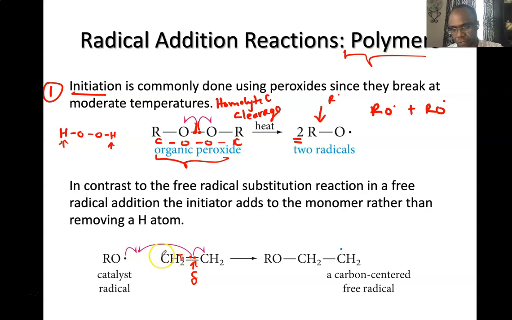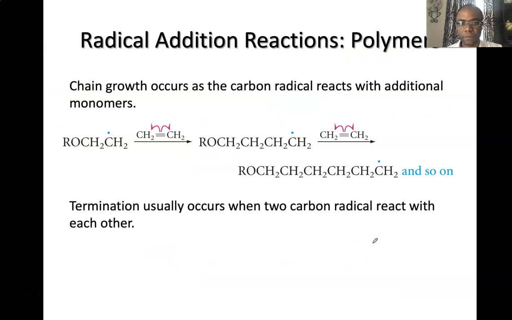So you simply try to make a bond between this carbon and the oxygen by bringing the 2 electrons together, because a bond is made by 2 electrons. You make that bond using this electron and that one, and then these other electrons are donated to the other CH2 on your right, so it ends up there. Notice that now you've added your RO radical onto the alkene, you've broken the pi bond, you get a carbon-centered free radical. So you use this radical for the next step.